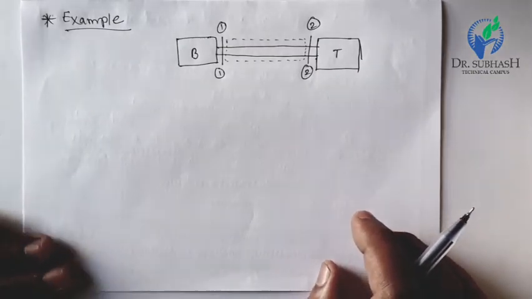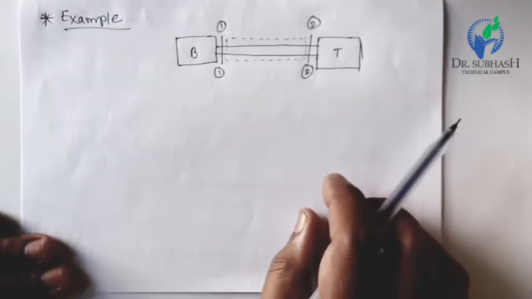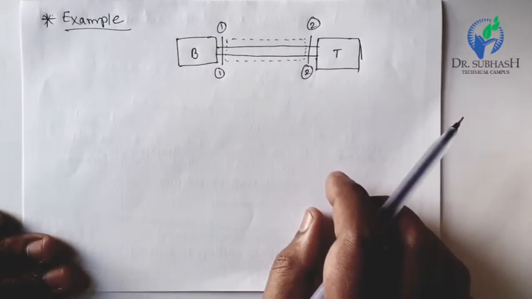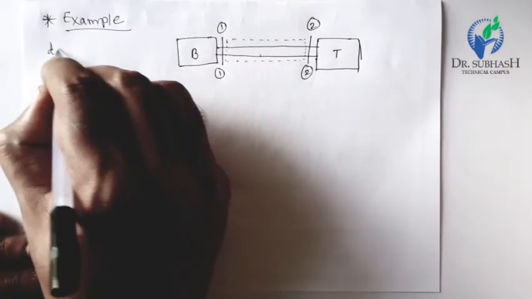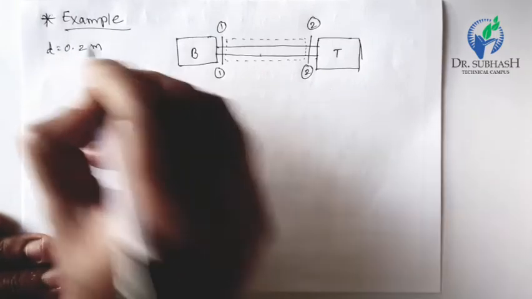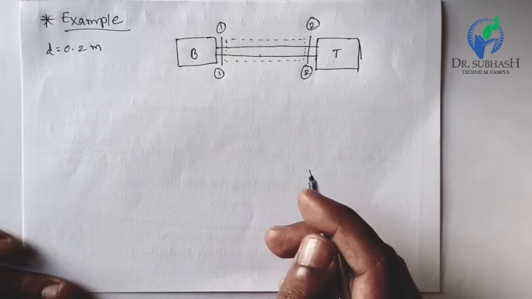Now let us see what data is given for this arrangement. In the steam power station, steam flows steadily through a 0.2 meter diameter pipe, so the diameter of this pipe is 0.2 meter, from the boiler to the turbine.